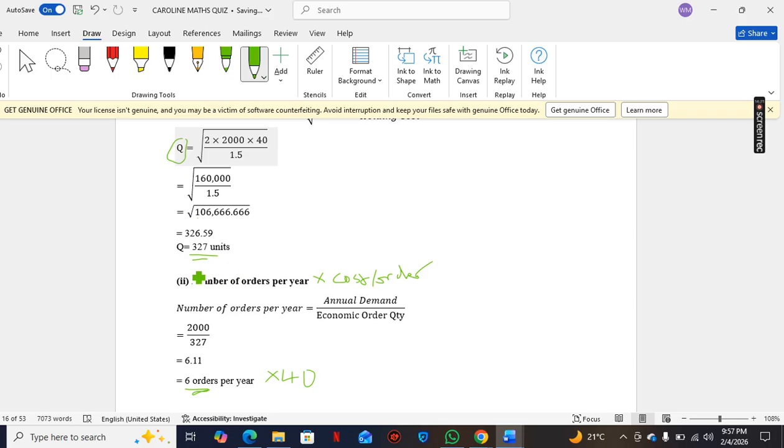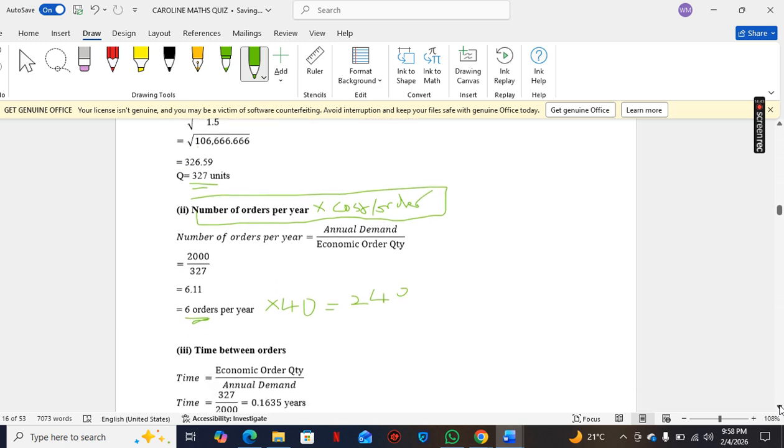Okay. That's how you get it. Multiply number of orders per year by the cost per order. So in this case, 6 times 40, 240. But as I said, they never asked us to do this. That's just for your general information.